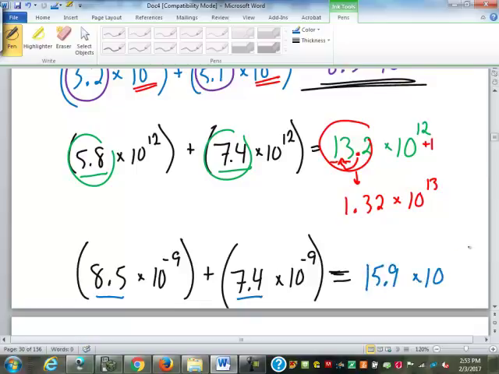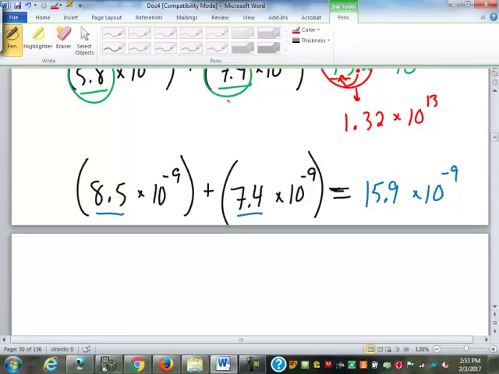Times 10 to the negative 9. Now we're going to have to adjust this again. What's this going to become? 1.59 times 10 to the negative 8. Be really careful here. I say this number got smaller, so the power of 10 gets larger. Negative 9 plus 1 is negative 8. It's backwards of what you'd think because it's negative.